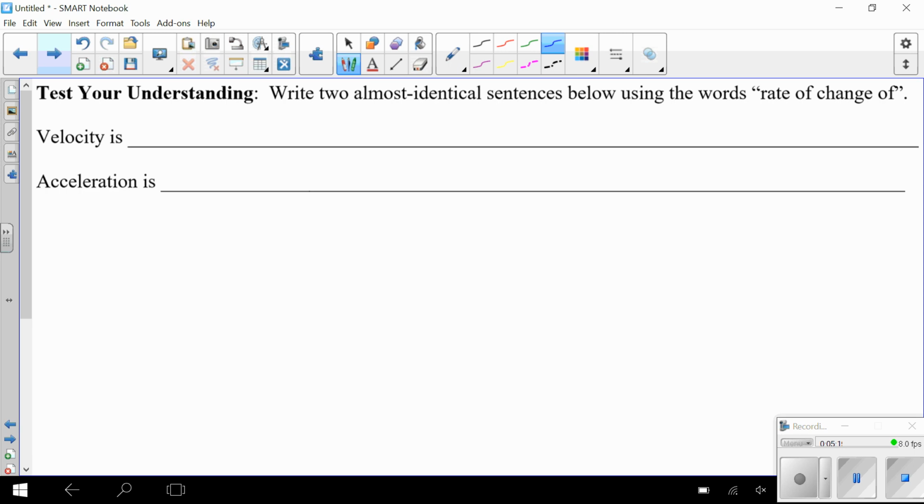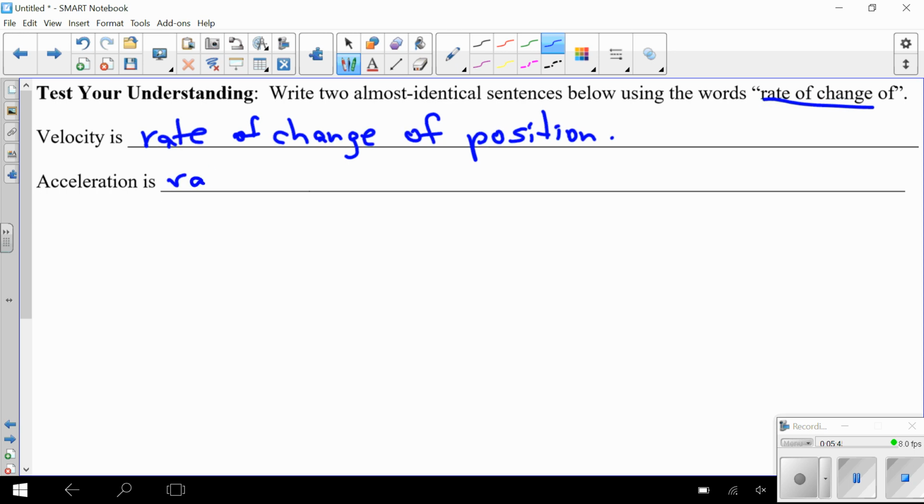If we had to compare velocity and acceleration by using the words rate of change to write a sentence about them, we know that velocity is the rate of change of position, whereas acceleration is the rate of change of velocity.